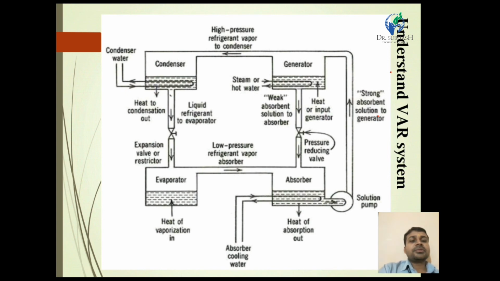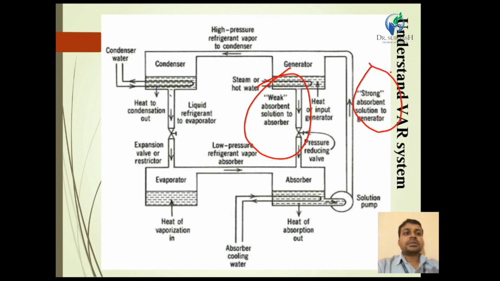In the absorber, some weak solution is already available. There are two terms here, weak solution and strong solution. Weak solution means the H2O content is higher and the NH3 content is lower, and strong solution means the NH3 content is higher and the H2O content is lower.